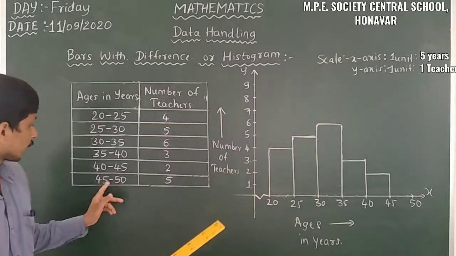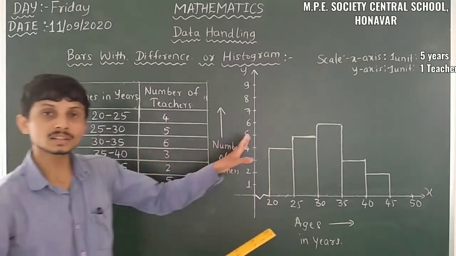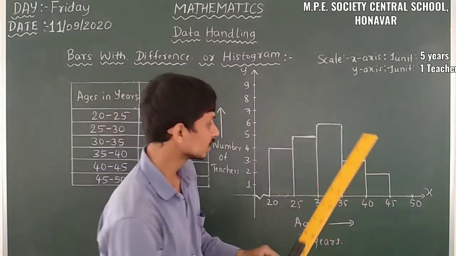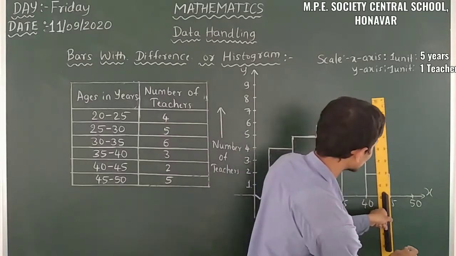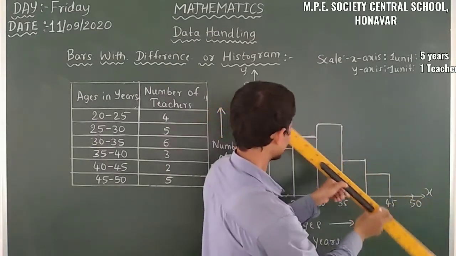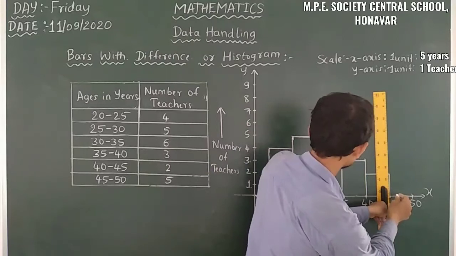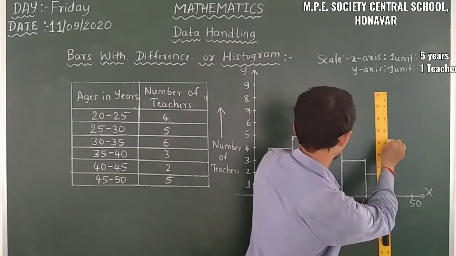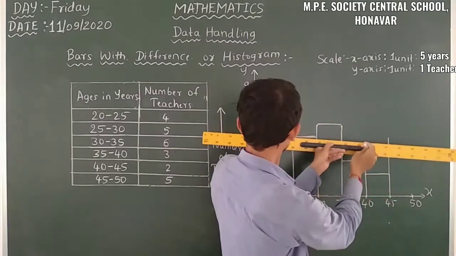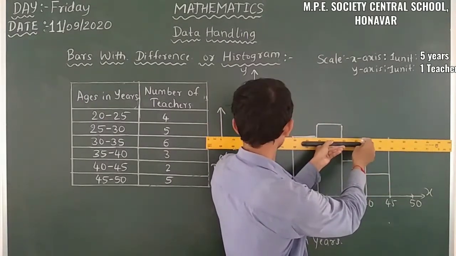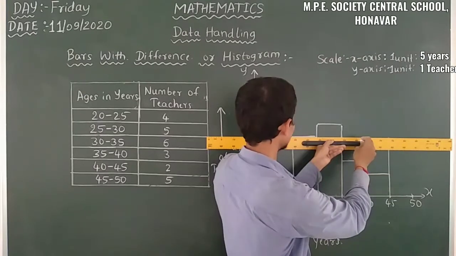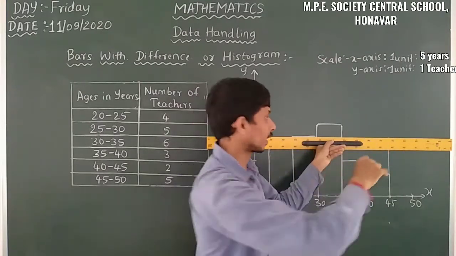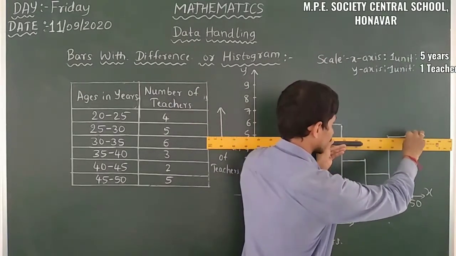Then 45 to 55, 5. So here the graph bar increases. So that's why I will take the horizontal line first here. Here it is like this. So then we have to take the horizontal line because we have to set the upper mark. So horizontal line like this.